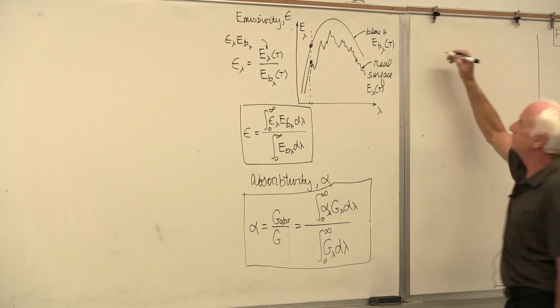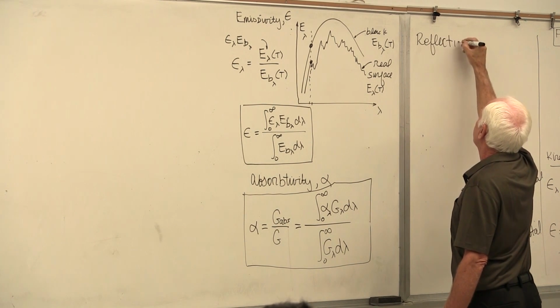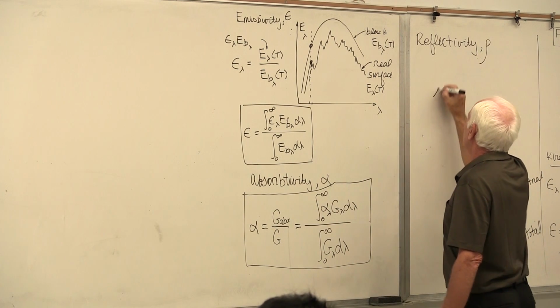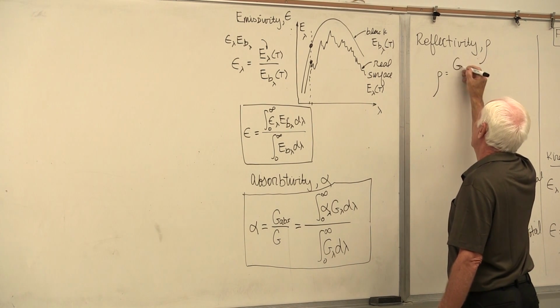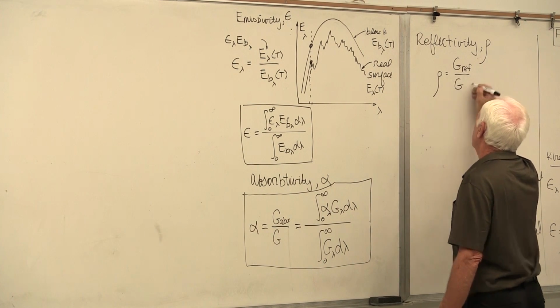Reflectivity, rho. Rho is the reflected part of the incoming radiation divided by the total incoming radiation.